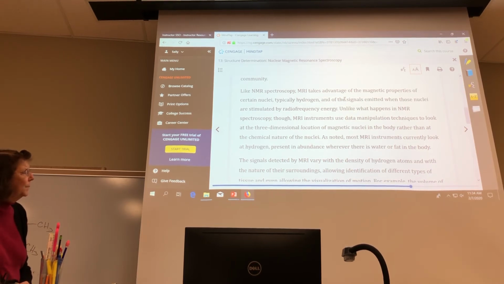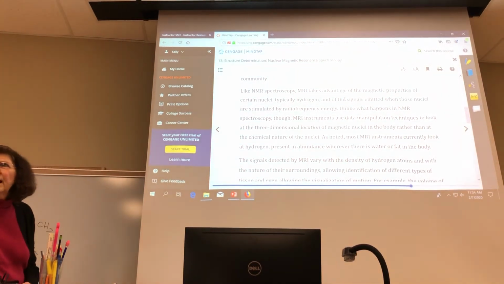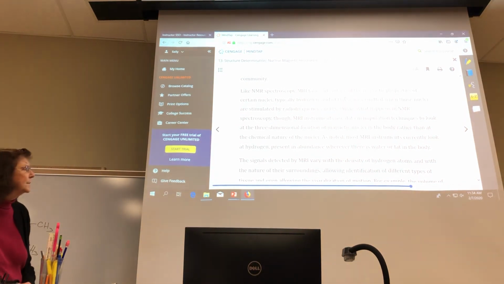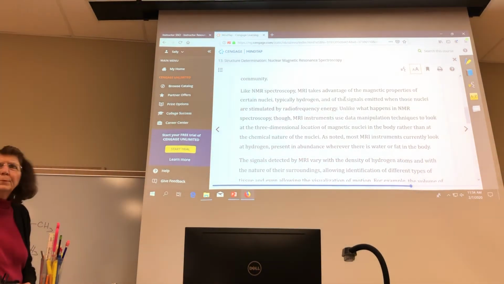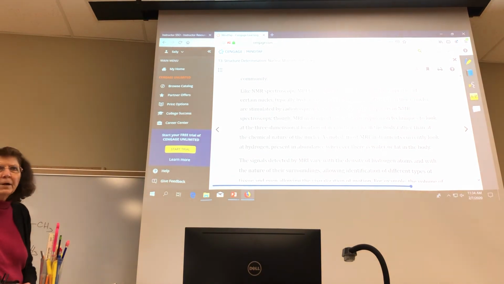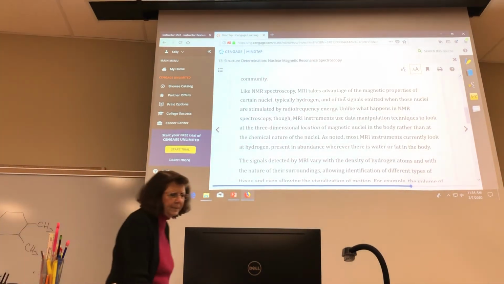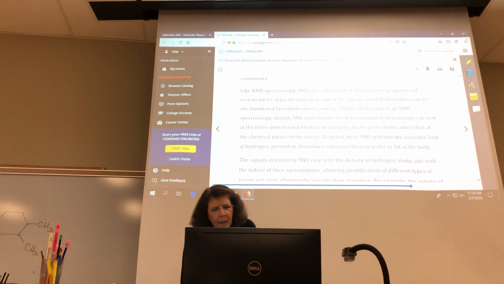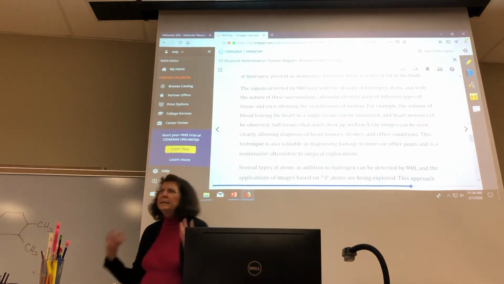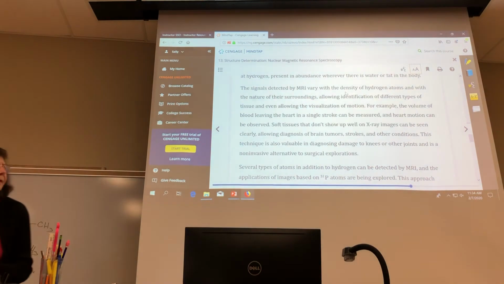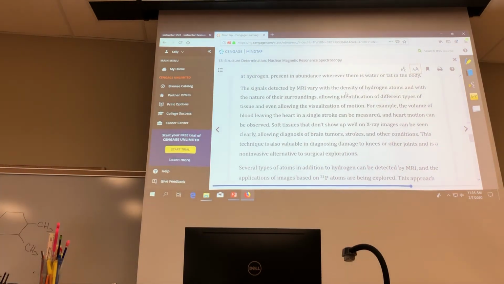But it pretty much looks at hydrogen. Now they're starting to look at phosphorus and some other things, but hydrogen's gonna be there and they're looking for different environments in the body as far as hydrogen goes. That's the main one at this point. And so from that, they can look at the density of the hydrogen atom and make a 3D type picture out of it.